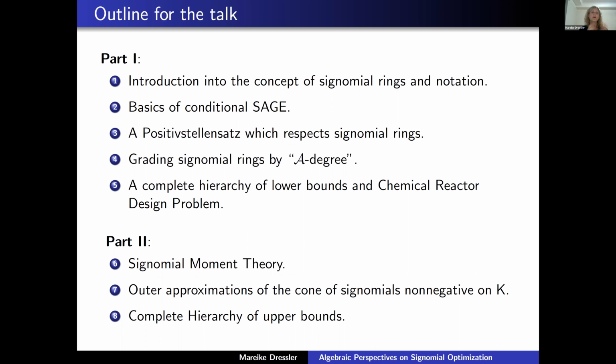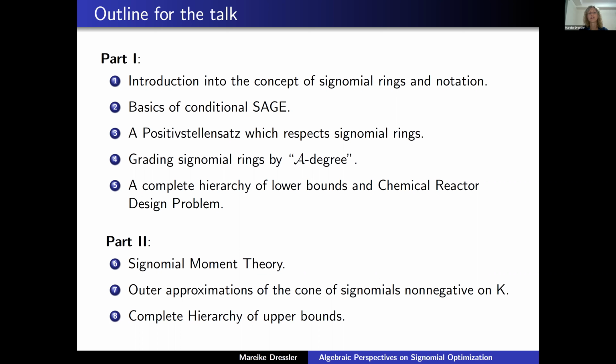So in the first part, I will really slowly introduce you to the concept of signomial rings. We'll introduce a little bit of notation and what these conditional SAGE I just mentioned are. Yeah, and then I will introduce our new Positivstellensatz, which respects these signomial rings, a new concept we also introduced in this paper.